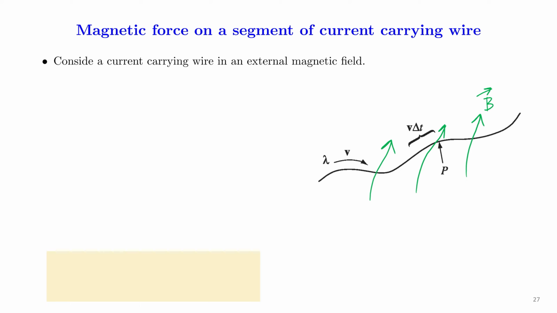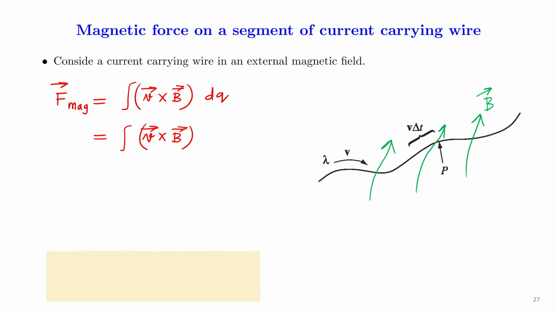For that, we will consider the same wire element and we will place that in an external magnetic field B. Now, the magnetic force F mag is equal to integral v cross B dq. dq can be written in terms of the line charge density lambda as lambda times dl, and this is equal to integral lambda v cross B dl, and this is nothing but I cross B dl.